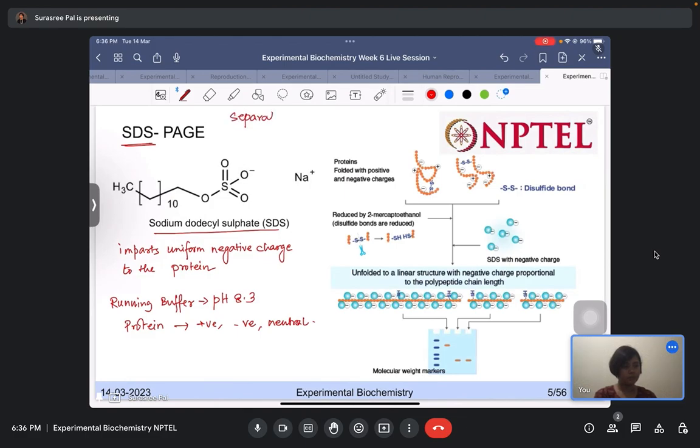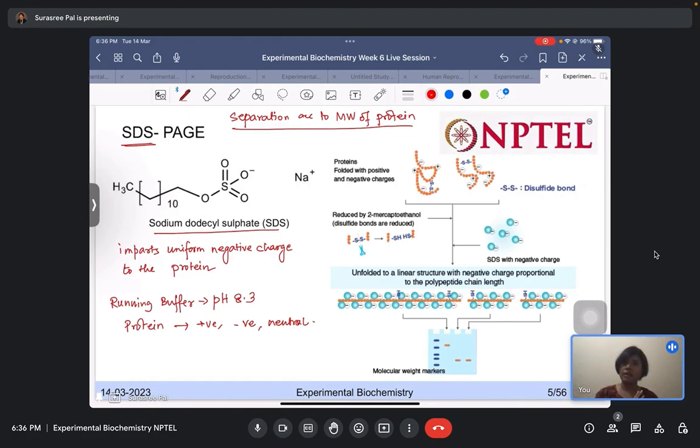Otherwise their migration will depend on both molecular weight and charge.